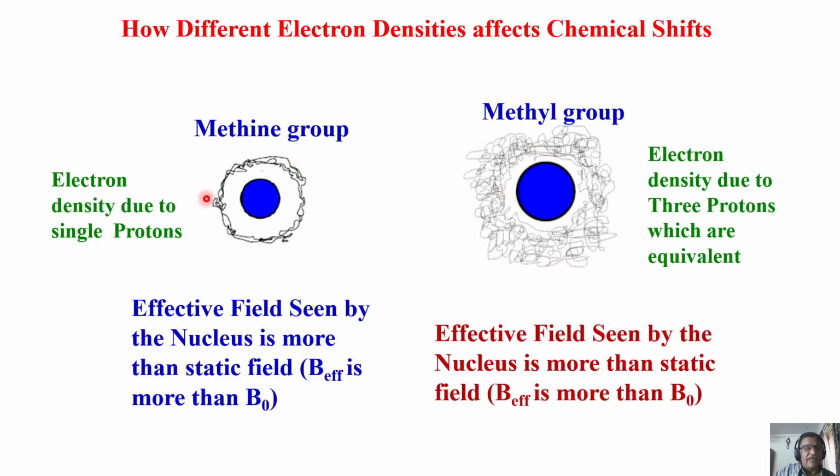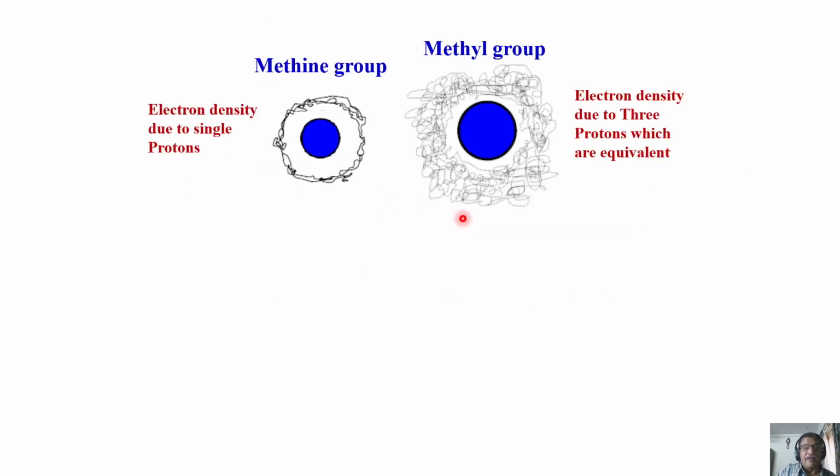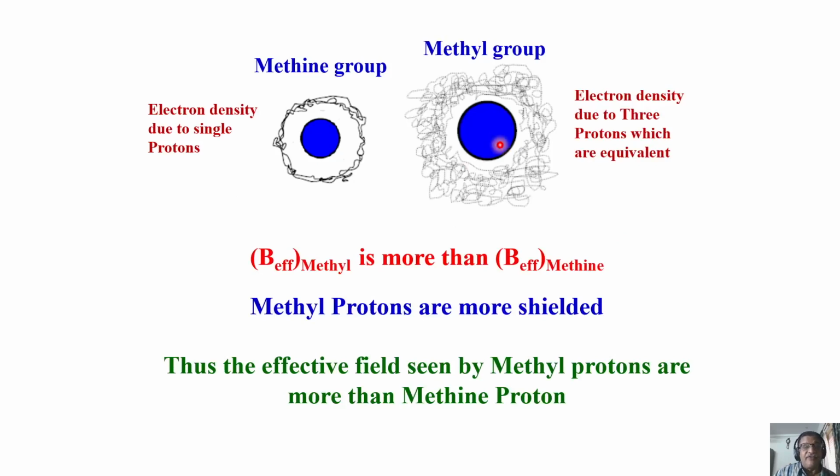Remember, the effective field seen by this nucleus is different from B naught. The effective field seen by this nucleus is also different from B naught. Then what is the difference between these two? The difference is that B effective of methyl is more than B effective of CH, because this has more charge density distribution. So methyl protons, I would say, are more shielded. The methyl nucleus has three surrounding electrons.